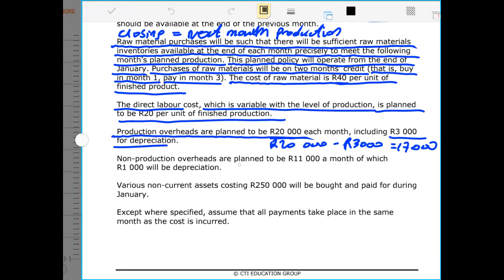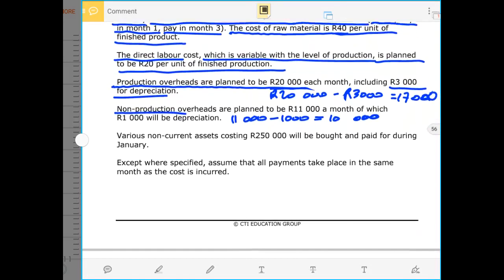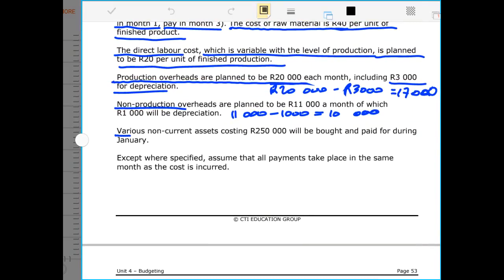Then again, we have non-production overheads, and these are 11,000. Then we have to subtract 1,000, and we'll be left with 10,000, and 10,000 will be the non-production overheads recorded in the cash budget for this period. Then after, we have non-current assets, which cost the company 250,000 rand, and this will be bought during the month of January.